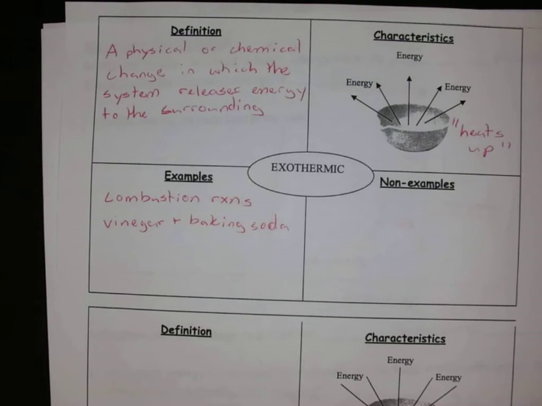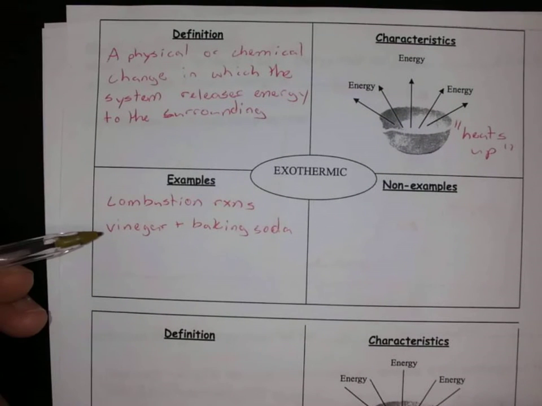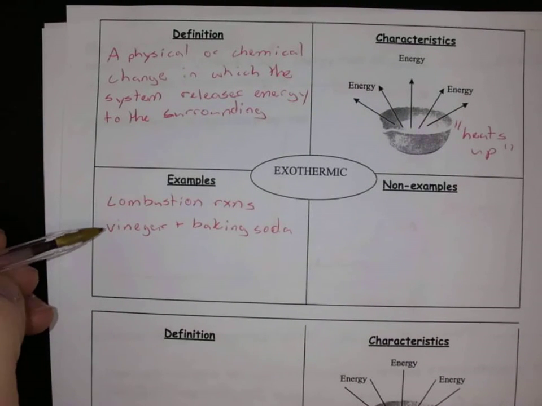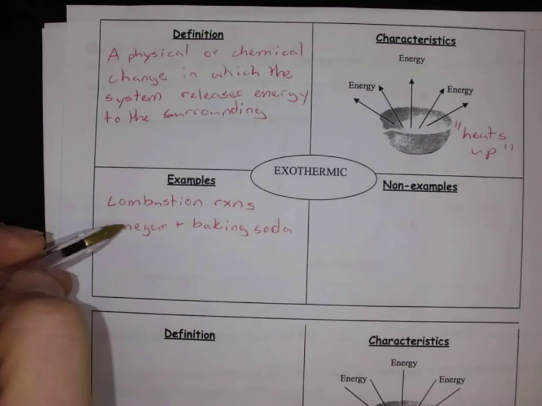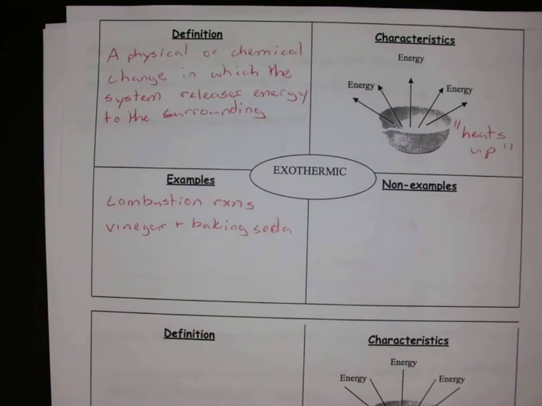We add those two and it bubbles up and it actually releases some steam. Well, that releases some steam because it's releasing energy, right? And so our water heats up so much that it becomes steam. Okay, so it's releasing energy from the system, and it heats up the surroundings.